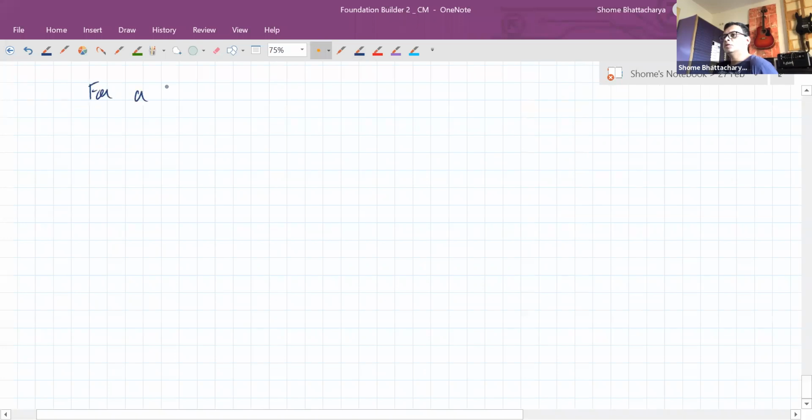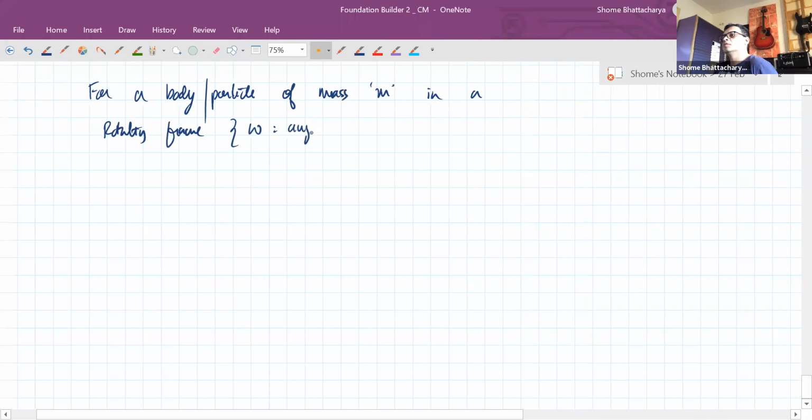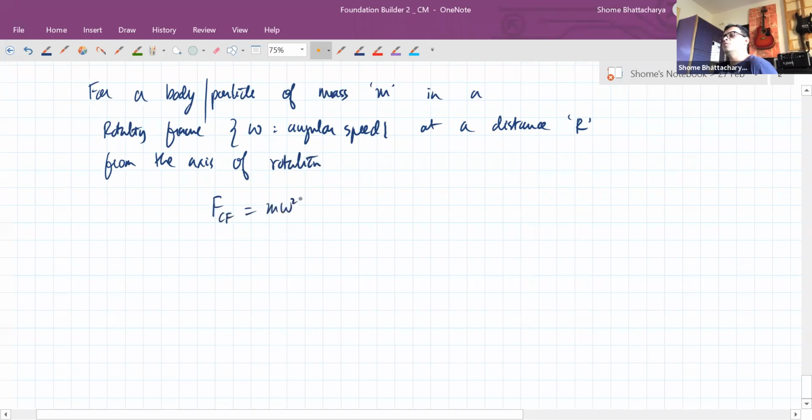So, for a body or particle of mass m in a rotating frame, rotating at an angular velocity or angular speed of omega, at a distance r from the axis of rotation, the centrifugal force has a magnitude of m omega square r and direction radially outwards.